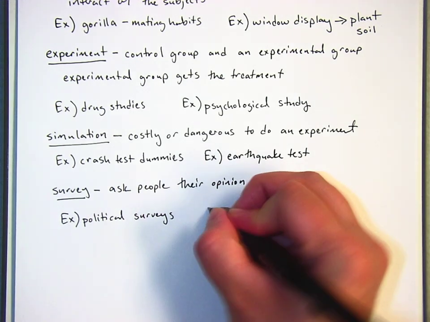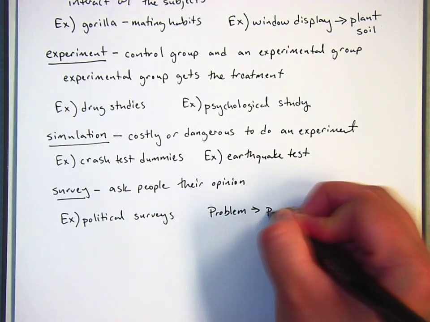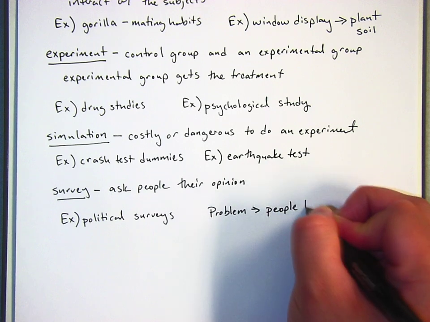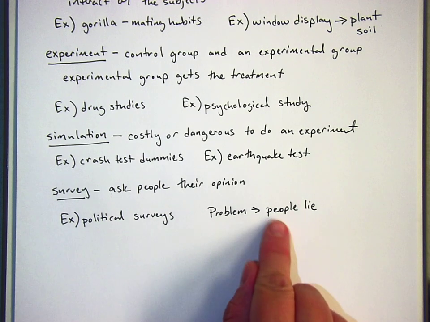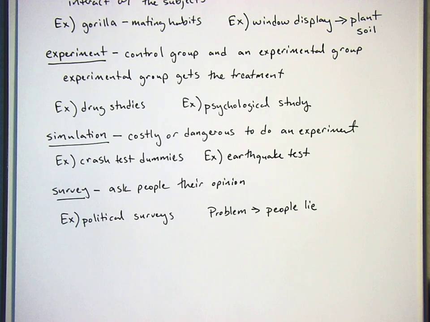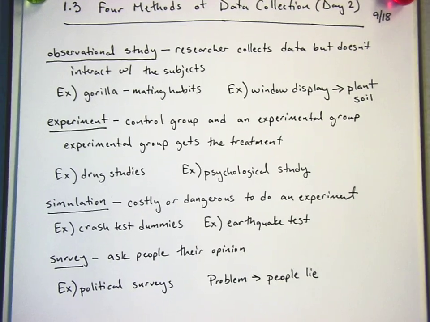A problem with this is that people lie. People lie about a lot of things, their age, their weight, their opinions even. Or sometimes they don't quite understand their own opinion and they try to explain it and they don't do a good job. So that is an issue. But anyway, these are the four methods that you can use to obtain any kind of data.